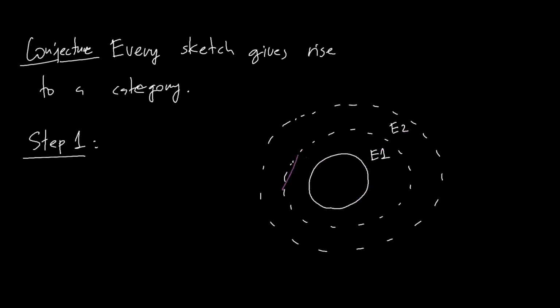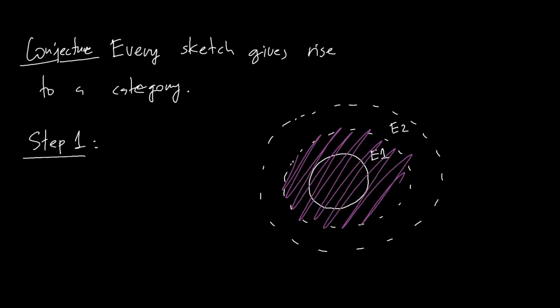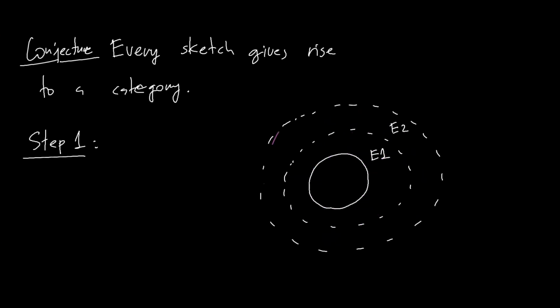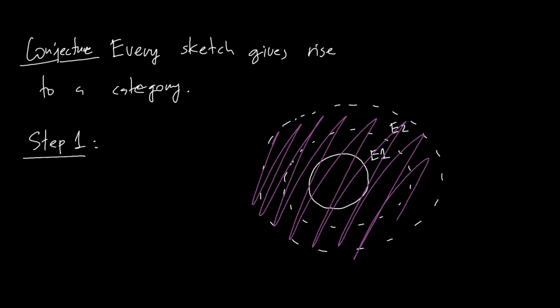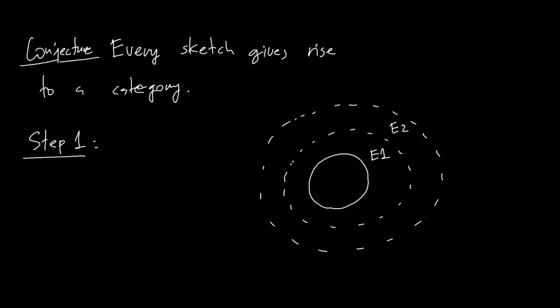Because remember, we only ensured that E1 holds here. But now we did a different process, a different construction. How do we know E1 will still hold here? And this is dangerous because if it doesn't, then we might have to expand the sketch further and further up to infinity. So it might be a very, very complicated construction.